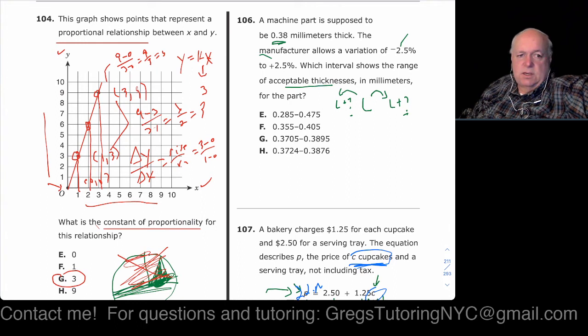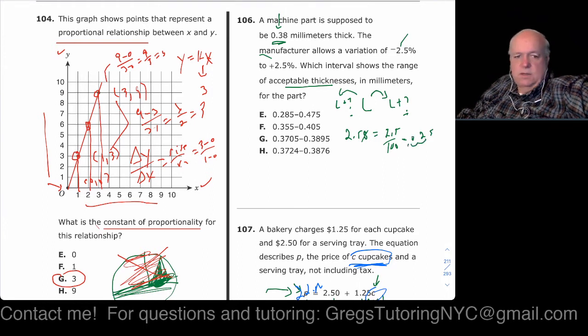So obviously the range has to be less than 0.38 to something greater than 0.38. So what we actually need to do is figure out what this 2.5% is. 2.5% means 2.5 over 100, so if we move the decimal once, and twice, we get 0.025.